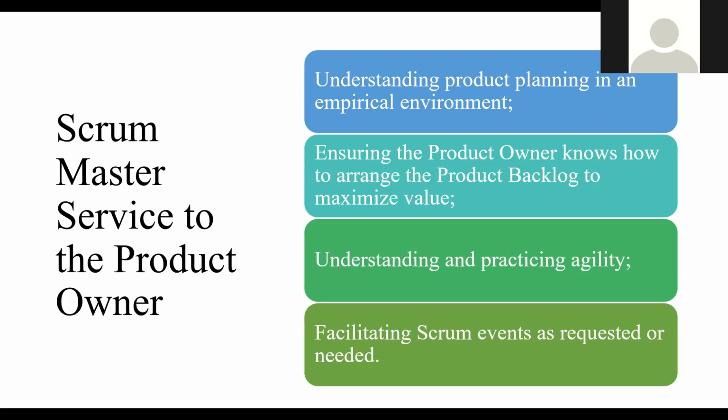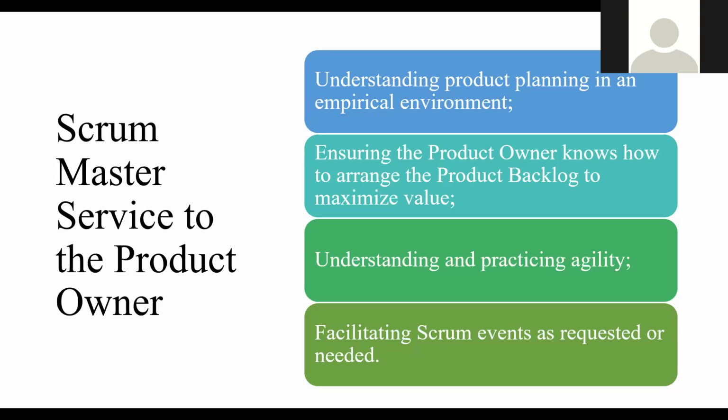So the Scrum Master also, for the product owner, helps with understanding product planning in empirical environments, ensuring the product owner knows how to arrange the product backlog to maximize value. This is where he impacts his agile knowledge to the product owner.